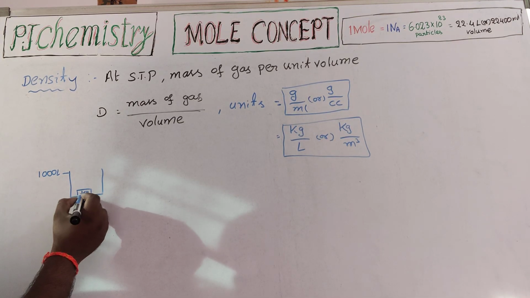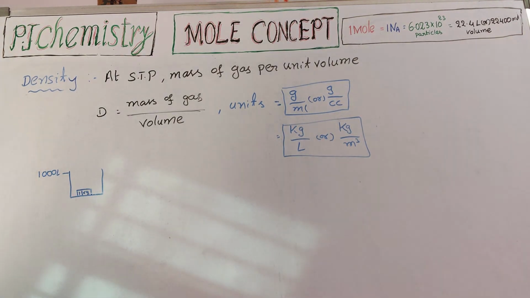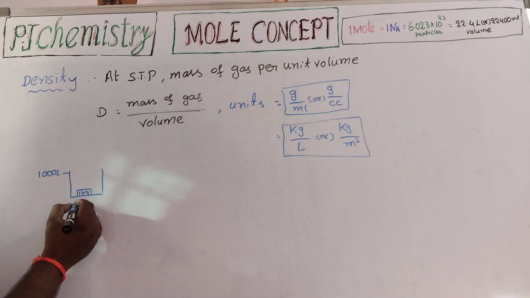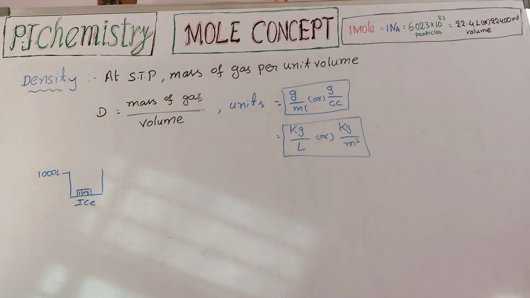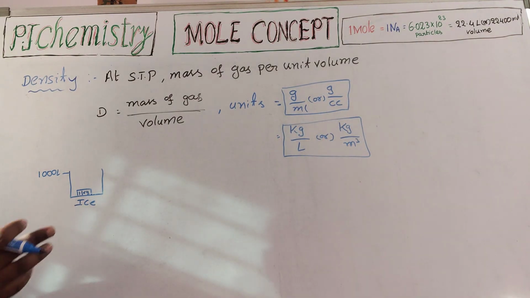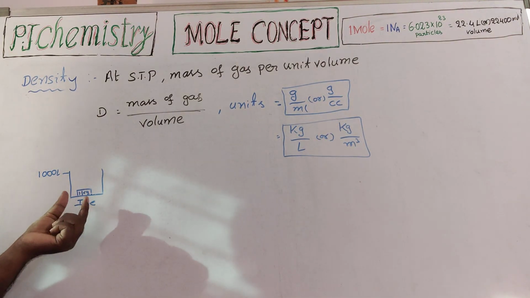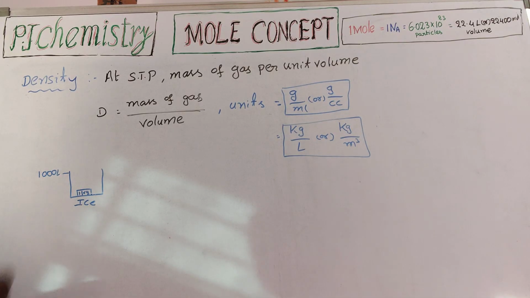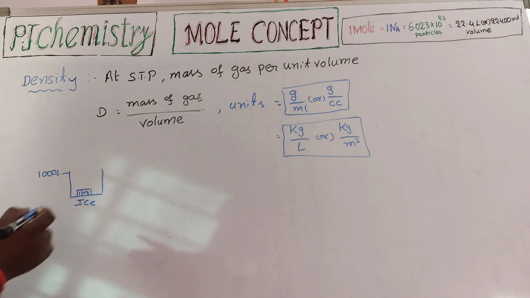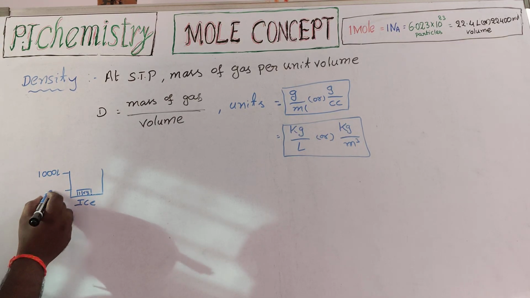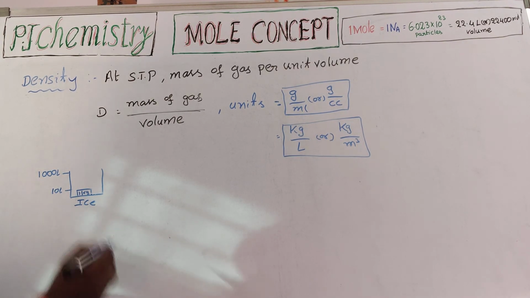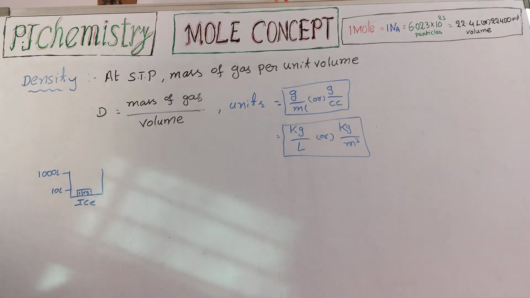Ice is in solid state, particles are tightly packed, so mass is 1 kg. But the occupied volume, just consider, is 10 liters. Total container capacity is 1000 liters, but the ice cube occupies 10 liters.